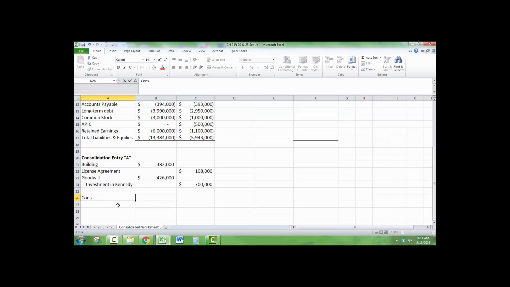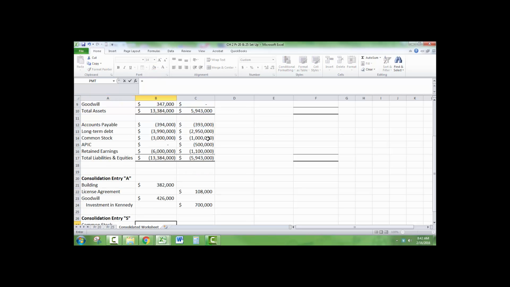Then we have consolidation entry S. Entry S is to eliminate the subsidiary's capital accounts. Okay, so the very first capital account we have is common stock. And we're literally going to eliminate this capital account. But we're going to debit the common stock.